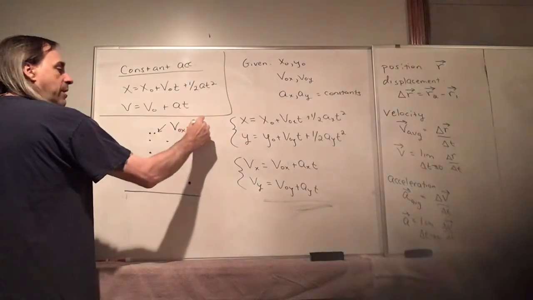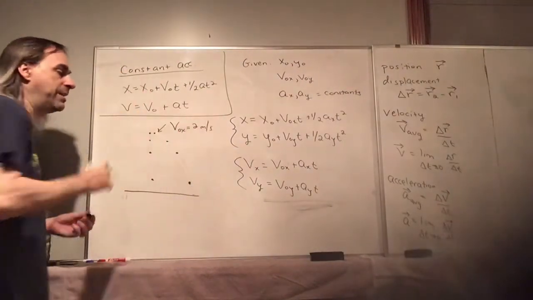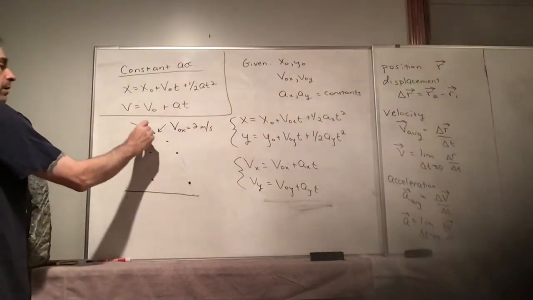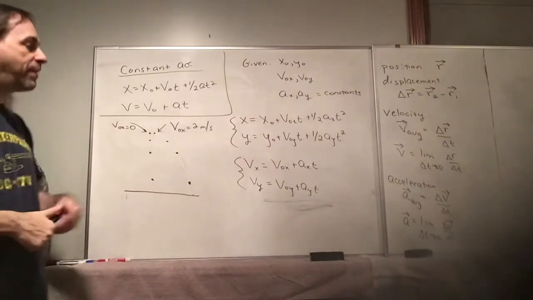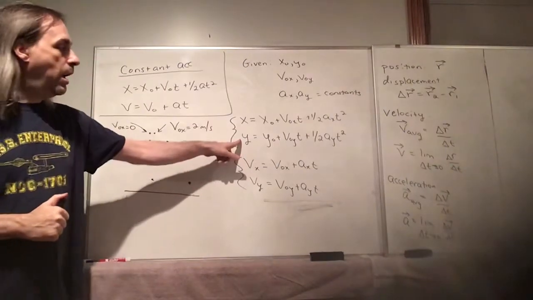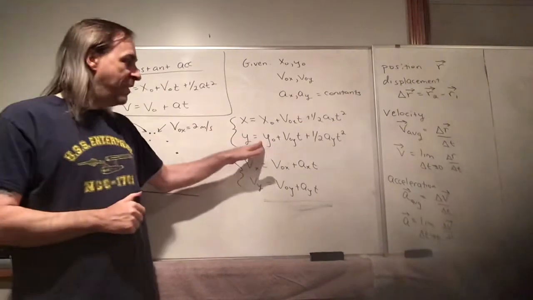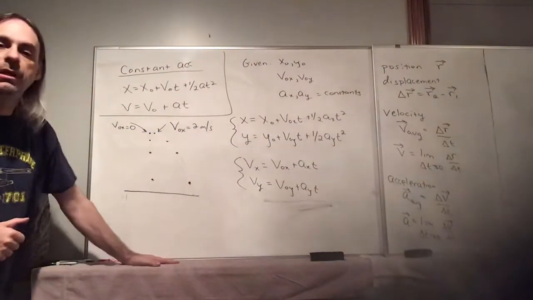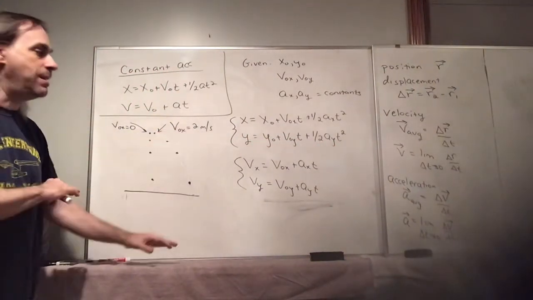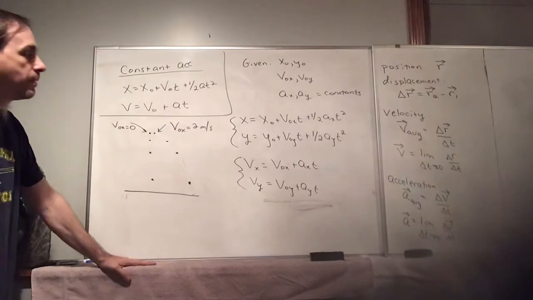Let's say that's 2 meters per second. Doesn't matter, it's not 0. For this one, v0x equals 0. But if you look at the y component, v0x just doesn't show up here. This v0x has nothing to do with the height above the ground.